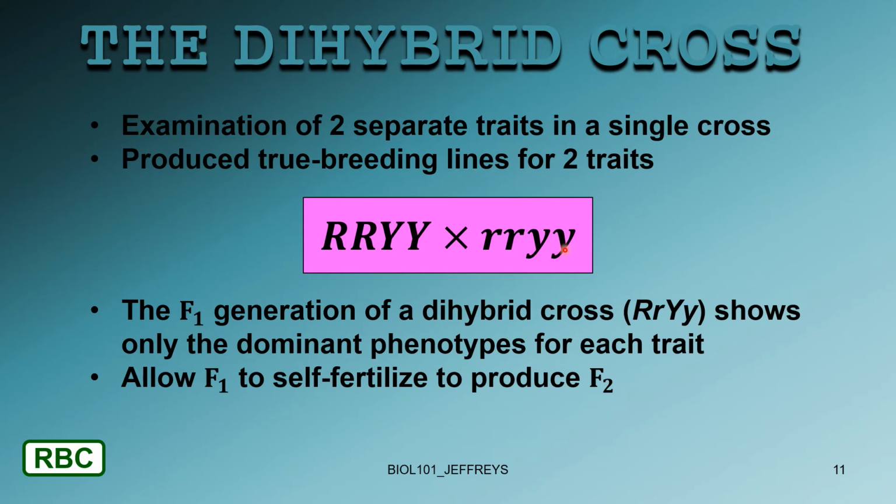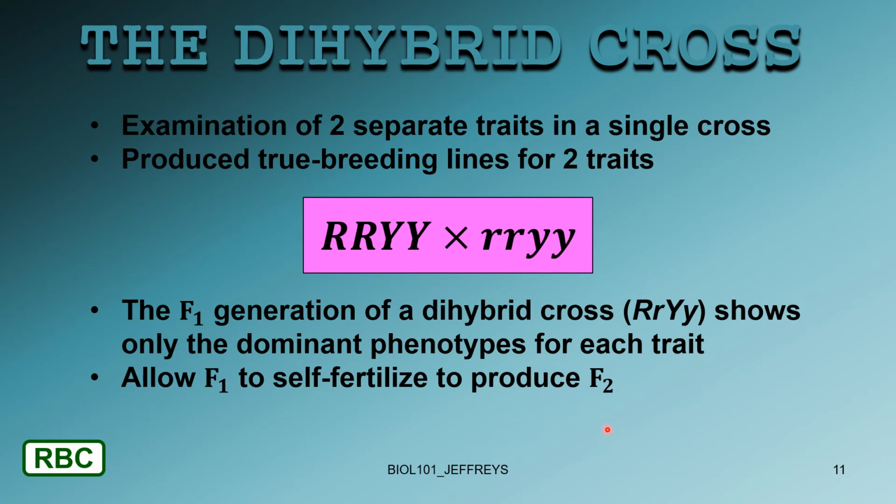So the F1 generation of a dihybrid cross is going to yield heterozygotes for both traits. So we have big R, little r, big Y, little y, right? Only one dominant phenotype for each trait. And we're going to allow the F1, that's this generation here, the heterozygotes, to self-fertilize to produce the F2 generation.